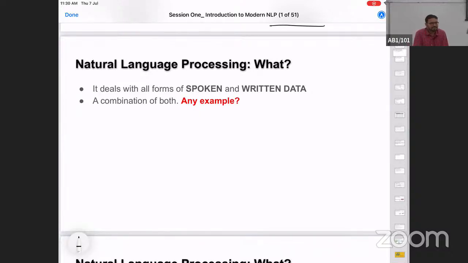Together or one at a time? One at a time, right? So I'm talking about any system which can take both of these together, processes them together, and gives you some form of output. Any system that you can come up with? Songs and their lyrics. Okay, but what is the system here?